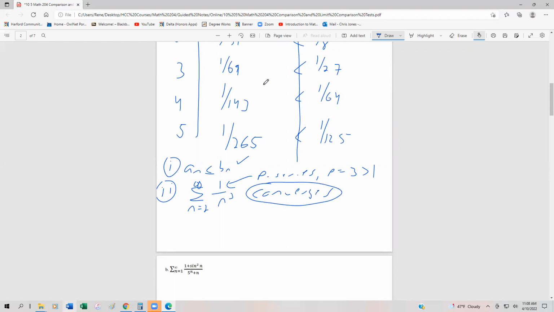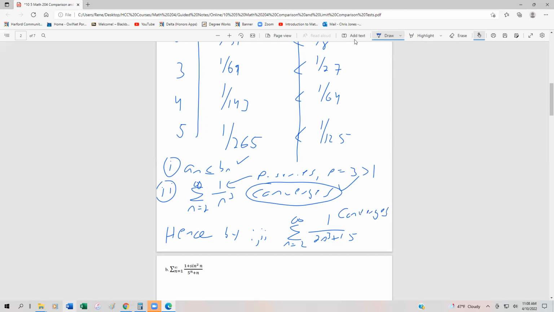And because it converges and a sub n is less than b sub n, at least for some small values, but we could extrapolate that it's going to, we could say, hence, by I and II, the original series, n equals 2 to infinity of 1 over 2n cubed plus 15, converges as well. I'm probably going to have to fit that in there a little better. Sorry about that, but this does converge.